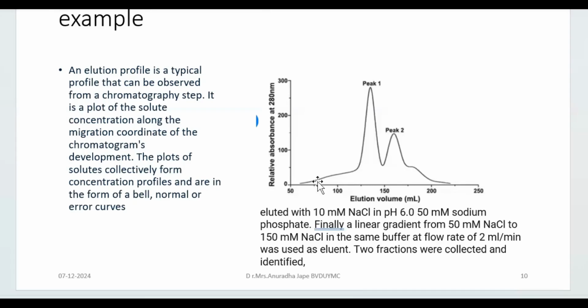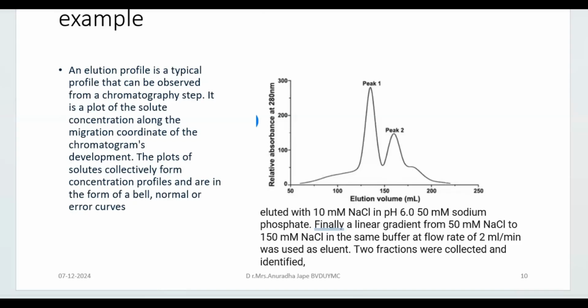Earliest on the x-axis, you see the first few ml, meaning it came out fast, earliest and with highest efficiency, that would be the right combination of your mobile phase. But it is not eluting the entire fraction, so you have to go on preparing the gradient elution buffer and apply it, so that you get two different fractions, and these fractions can be analyzed for the analytes present in the given sample, right?